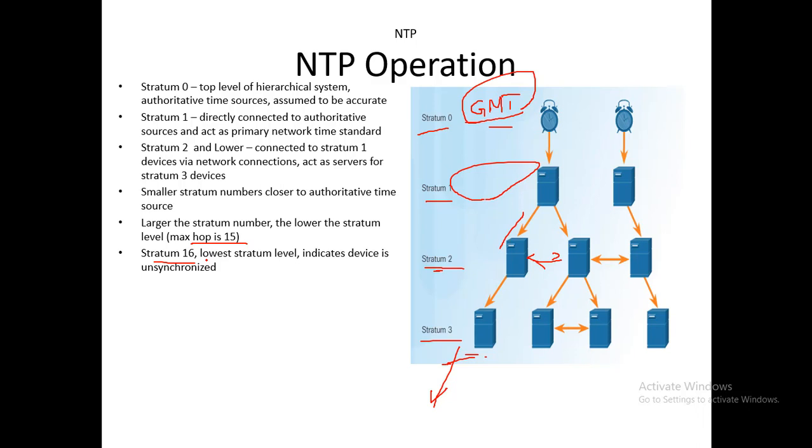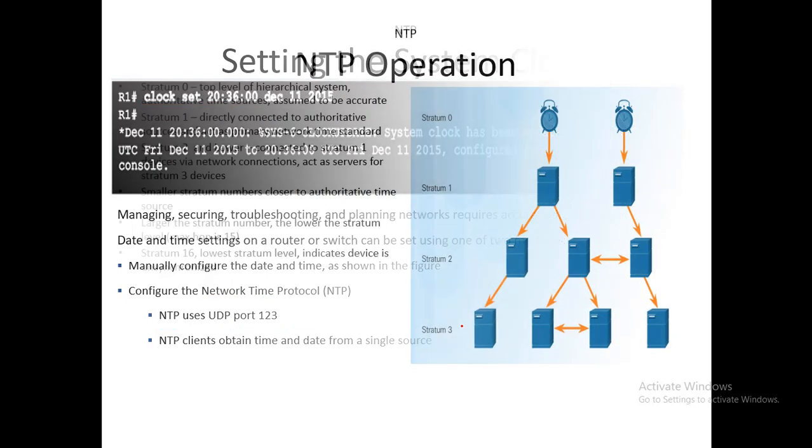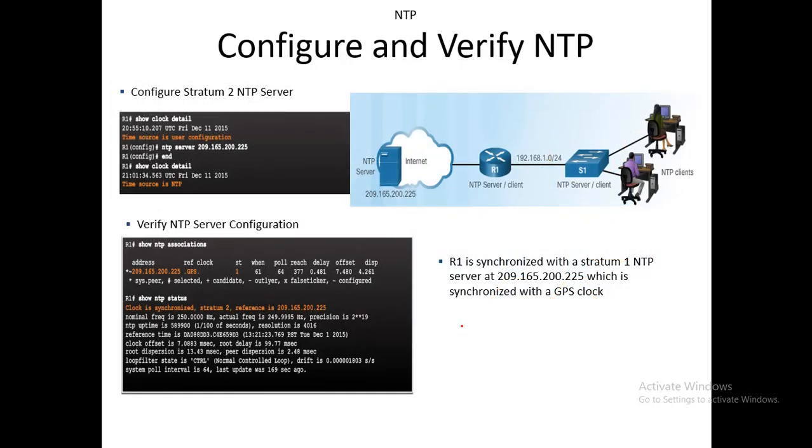Stratum 16 is the lowest level and indicates a device is unsynchronized, because the lower you go, the more unsynchronization occurs because of the delay at each layer. This is why NTP operation has a lot of feedbacks and drawbacks as well.